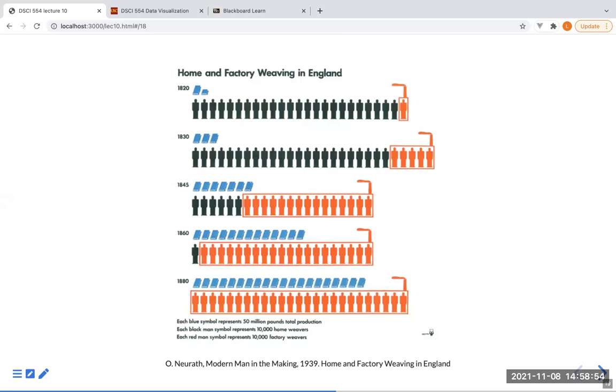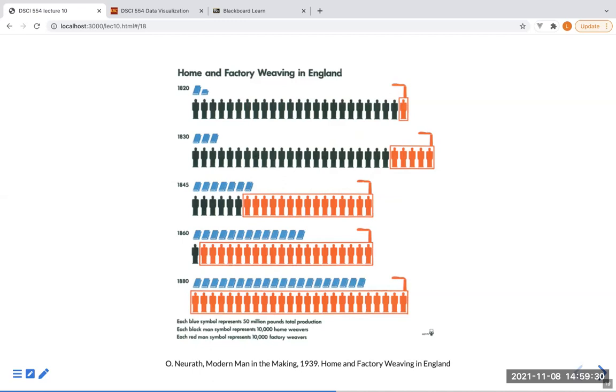Then if you want to know what the little black men there are, you need to go and read the legend. So basically, the chart is comparing the production of linen, I think, which is materialized here by the rolls, for different years, with how many workers are working as part of a factory and how many are weavers.